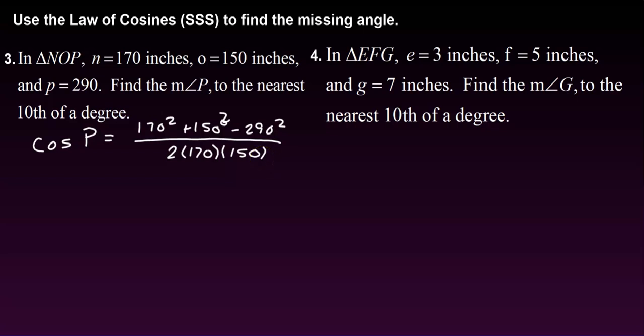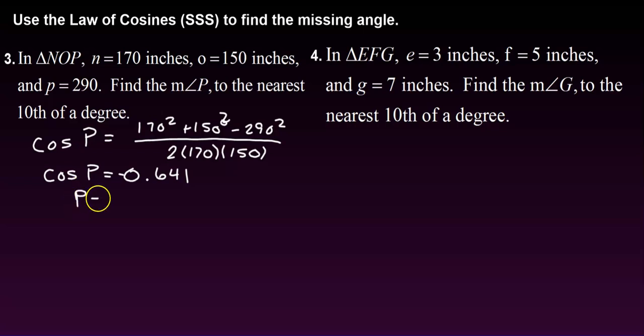And then again, just like the last time, this is calculator work. So we're going to stick all this in our calculator, get an answer, and we're going to have cosine P is equal to negative 0.641. Okay. And then we're going to take cosine inverse.